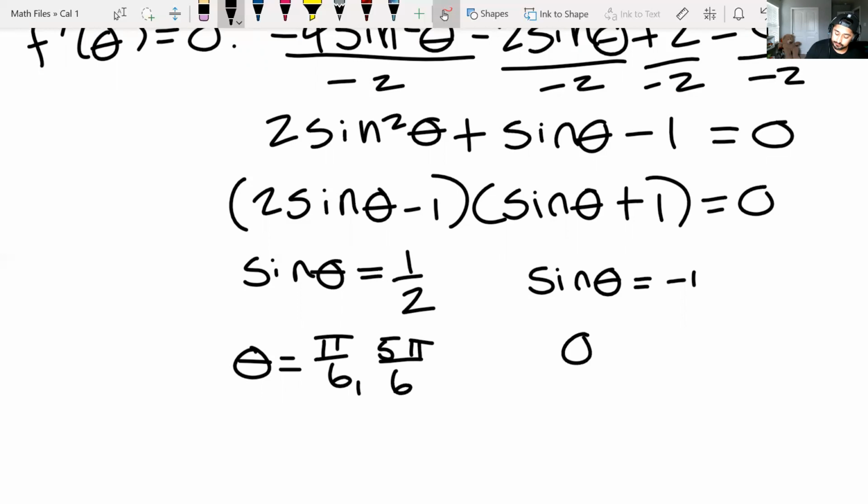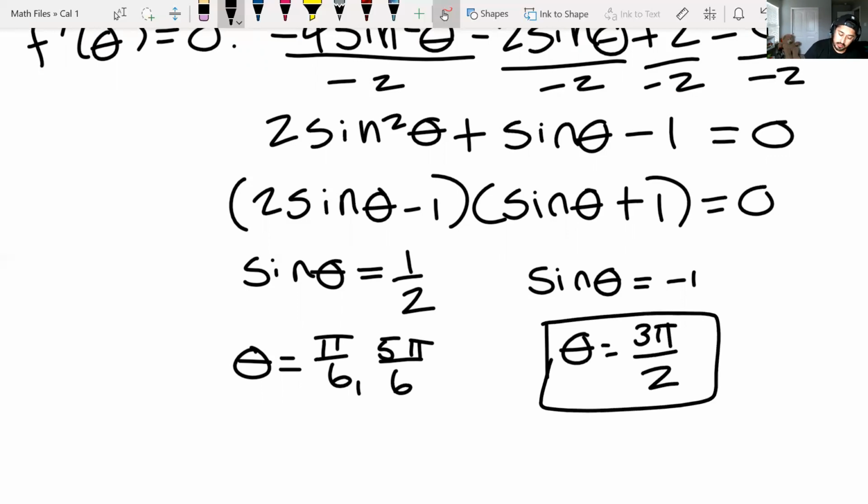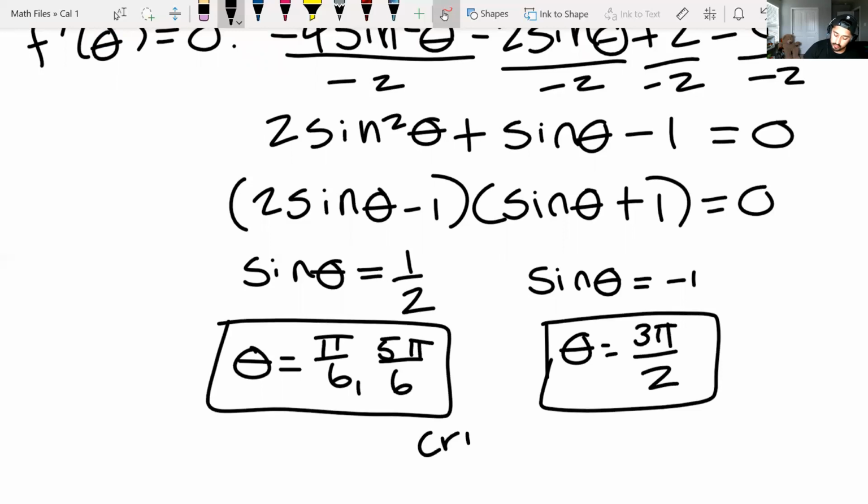And then for sine equal to negative 1, look in your unit circle, that happens to be 3 pi over 2. These are my critical numbers.